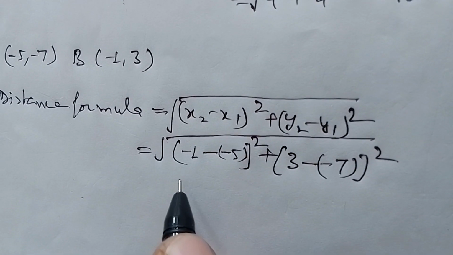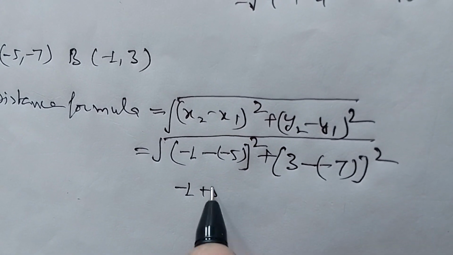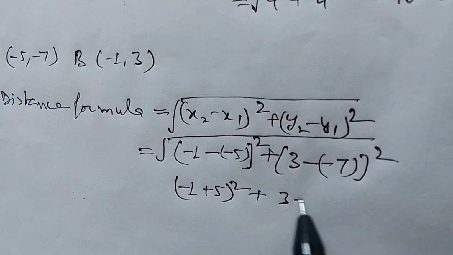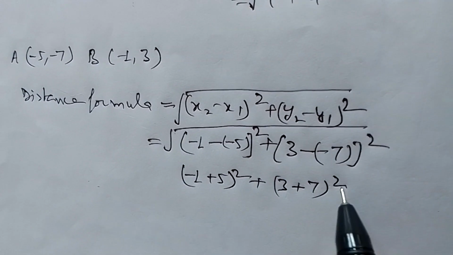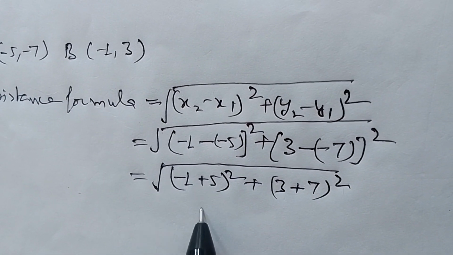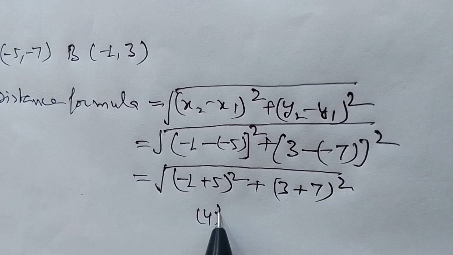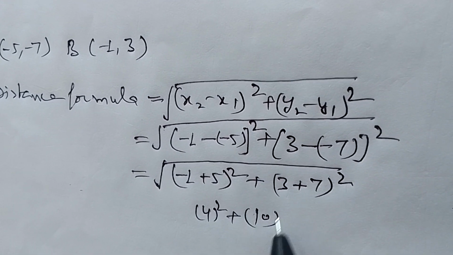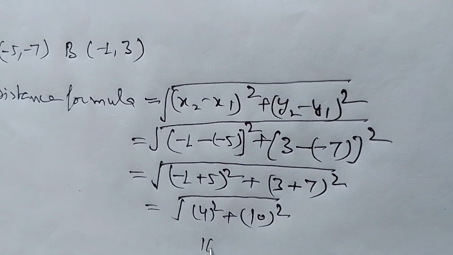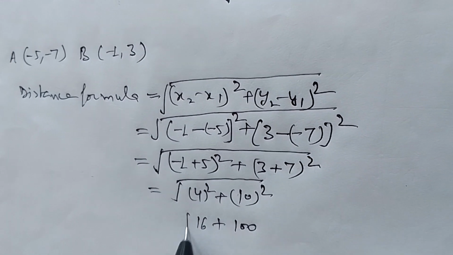So it will be written as 3 plus 7, and minus 1 plus 5. So it will become 4 square plus 10 square, under root 16 plus 100.